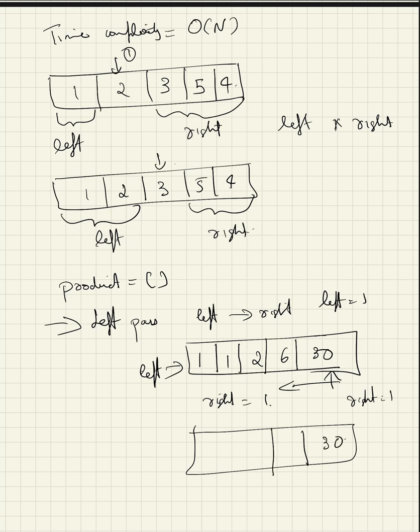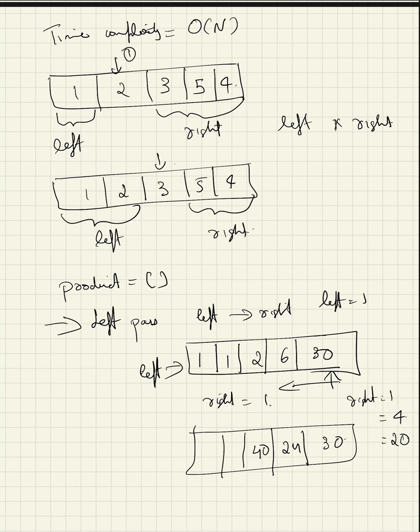Then right becomes 4 when it gets multiplied with 4. We have 6 times 4, which is 24. Then right becomes 4 times 5, that's 20. So 20 times 2 is going to be, for the third index, 40.